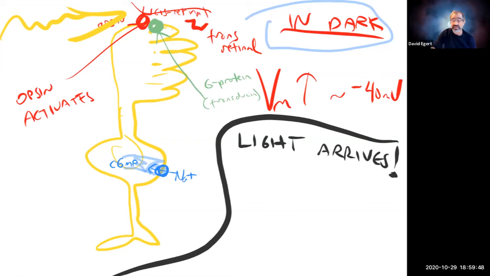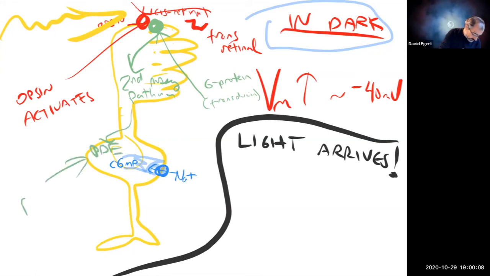Transducin is just the name people have given this particular one. You can just call it a G protein, or you can call it transducin, it's the same thing. That transducin is going to start a whole big second messenger pathway that's going to activate phosphodiesterase, which we know does what?